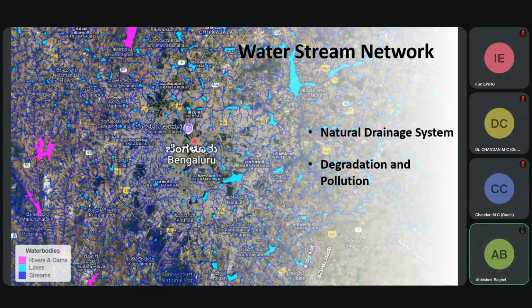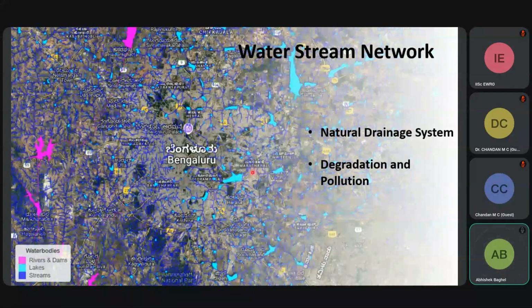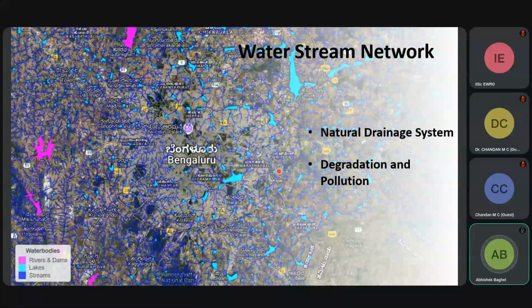As you can see, this white area, the industrial built-up area, not just industrial, the residential areas also, have taken over some of the lakes also. Disrupting the lakes and the streams also causes degradation and pollution. So if the prior lake, as in Bellandur Lake, is affected, the water which goes from Bellandur to Varthur, then Varthur Lake will also be affected.